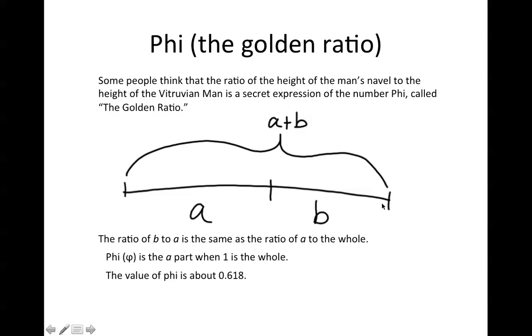And in fact, it has been found, and this number has been named phi when the whole length is 1. So the A part would be phi, the whole length would be 1. And they found that the value of this number is about 0.618.